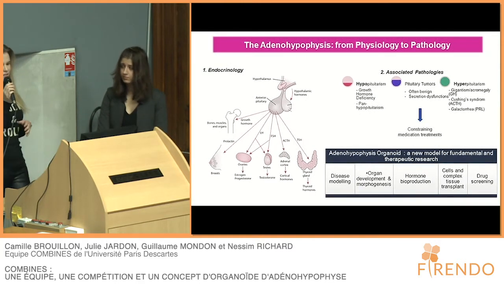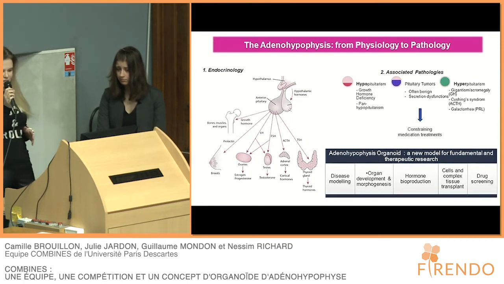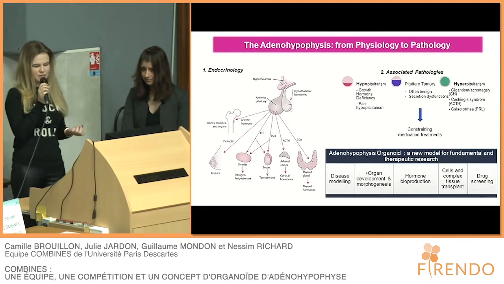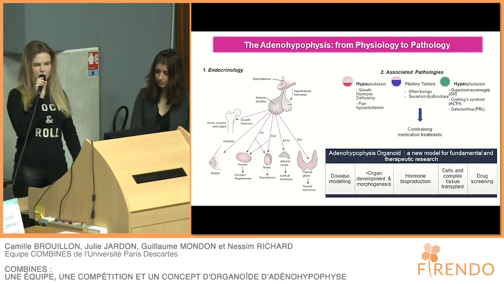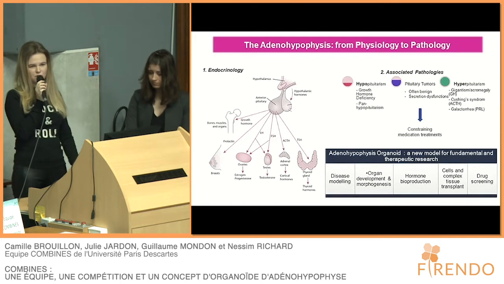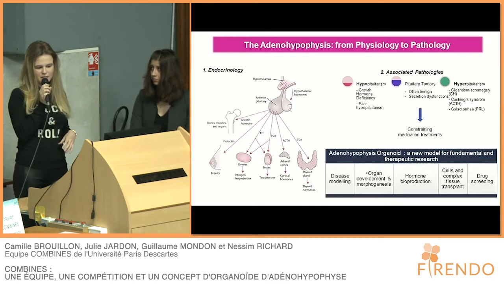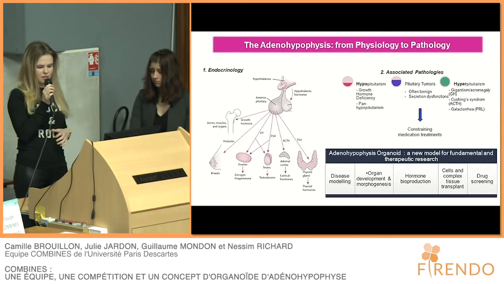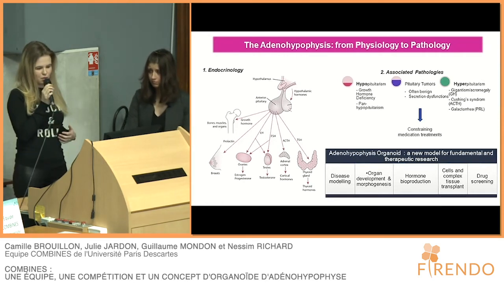So let's focus on the subject. The adenohypophysis, as you all know, is the anterior lobe of the hypophysis. The hypophysis is a tiny gland located in the center of the brain and is responsible for the release of the 6 main hormones in the body, for instance the growth hormone and the stress hormone. Once this gland is affected by some tumors or other diseases, it can perturb the secretion of those hormones.